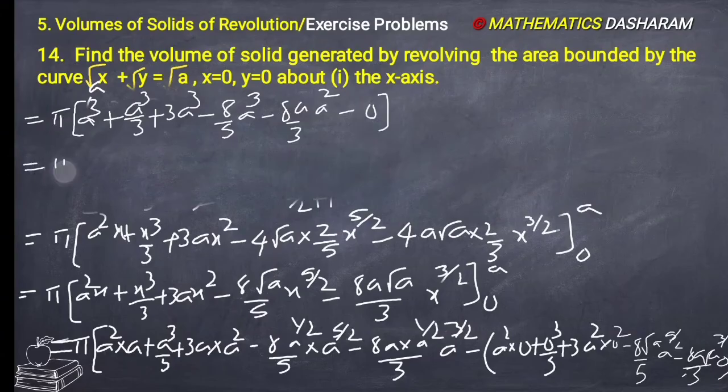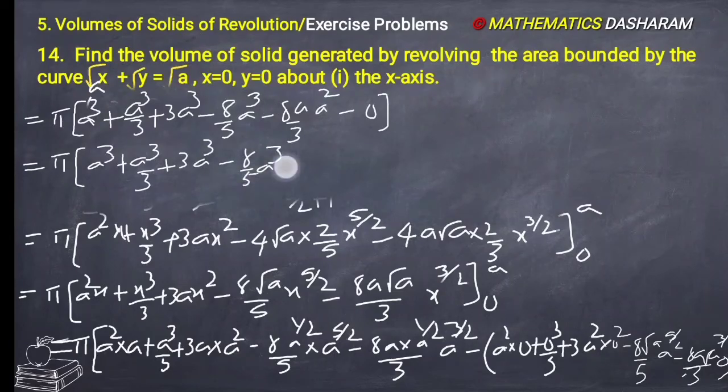Then it equals π times a³ plus a³/3 plus 3a³ minus 8/5 a³ minus 8a³/3.